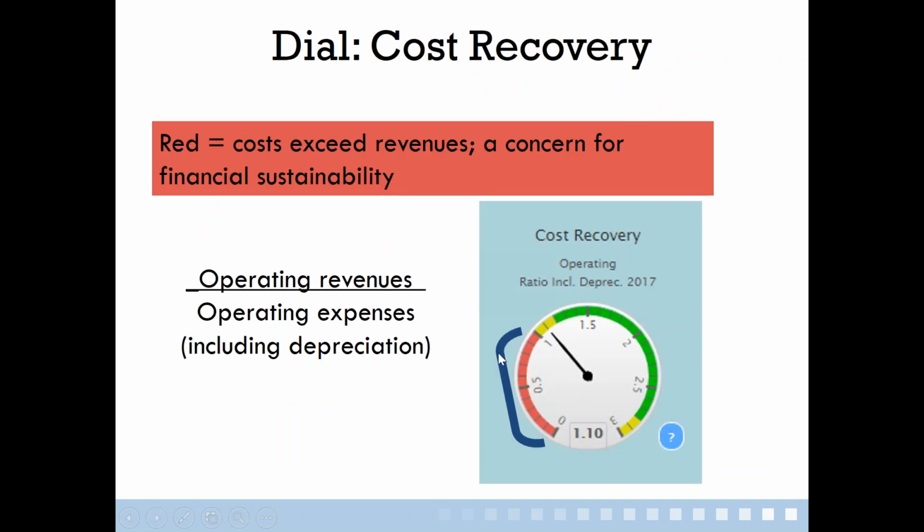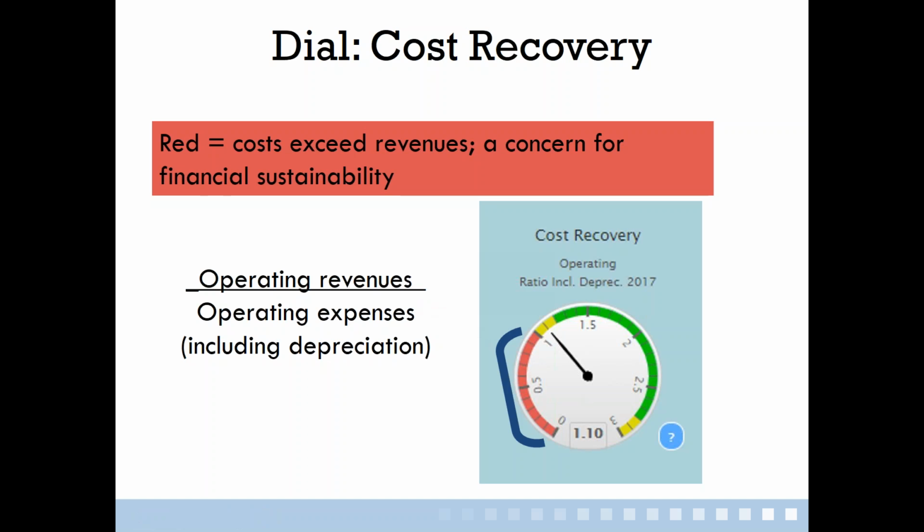So cost recovery. We have from 0 to 1, this red band here means you are not bringing in enough revenue to meet your operating expenses, including depreciation. So obviously this is not a great position to be in.